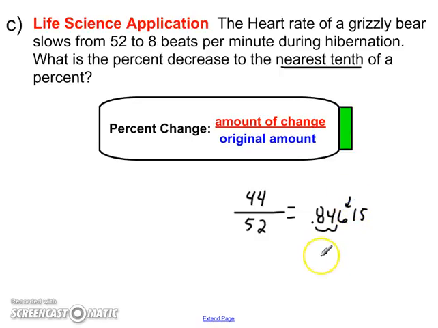So we're going 84.6 in this particular case, because the 1 will not round it up, and then we'll cut everything else off. And in this case, we know it is a decrease because it tells us what is the percent decrease. But if you wanted to indicate that, an arrow downwards might be worth having.